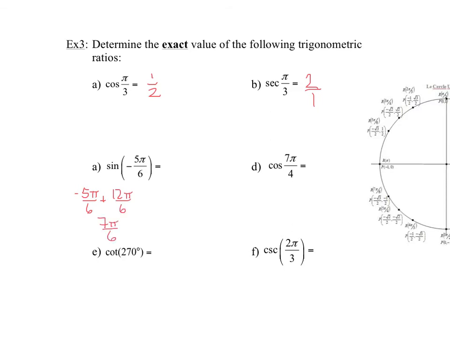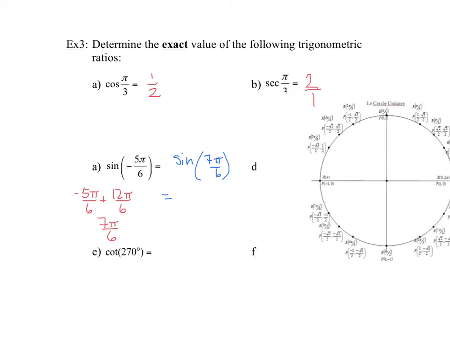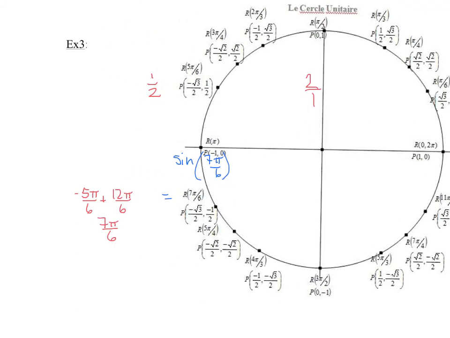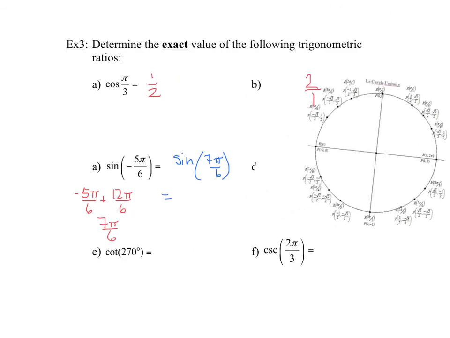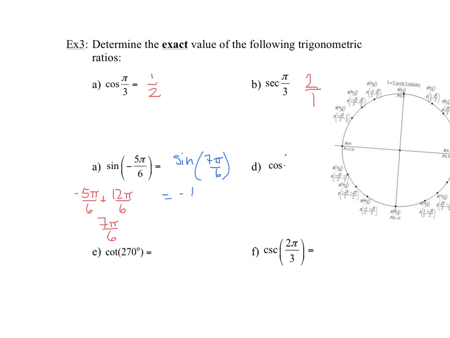So that means that sine of negative 5 pi over 6 would be equal to sine of 7 pi over 6. And for sine of 7 pi over 6, you bring this back again. 7 pi over 6 is over here, and your y value, because we're talking about sine now, is negative 1/2. So we say this is negative 1/2.